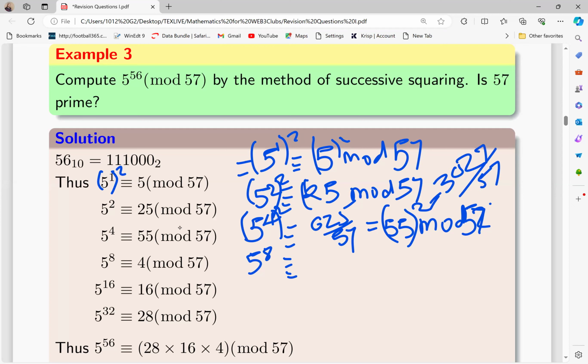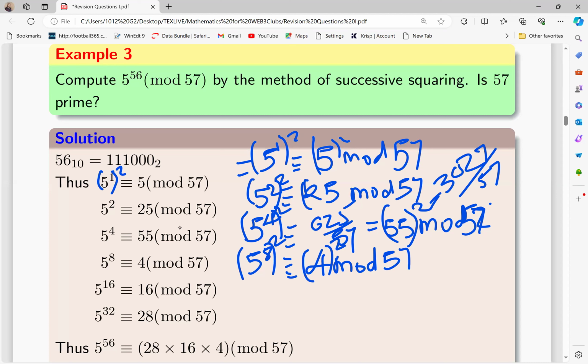If you divide by 57, you get 53, remainder 4. So that's what you write in the next part: 4 mod 57.